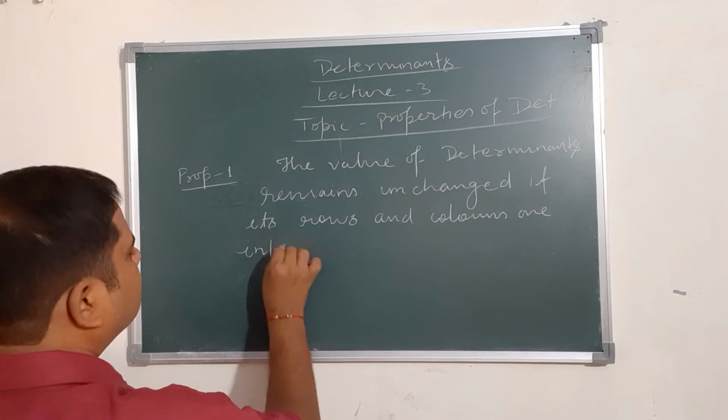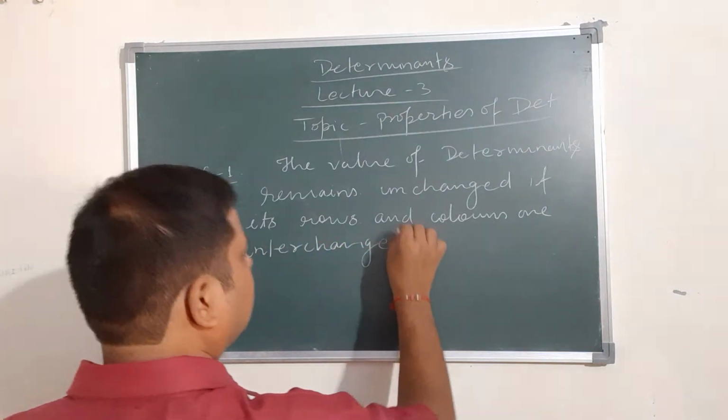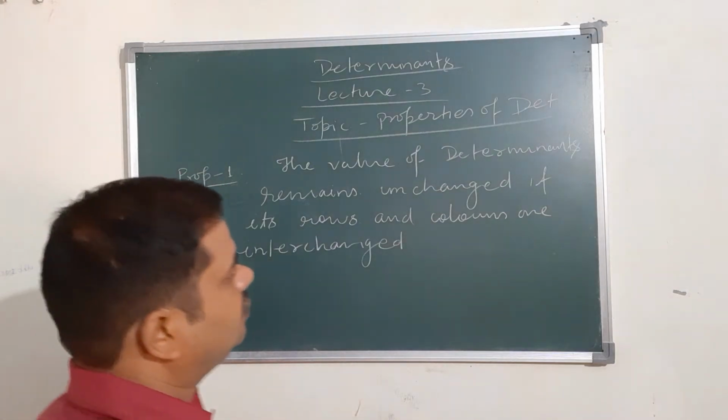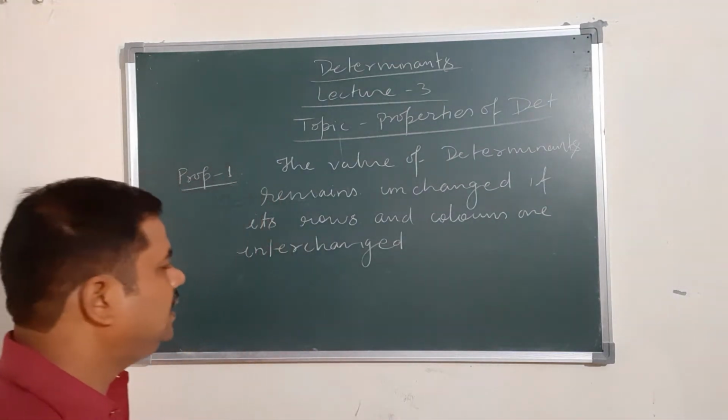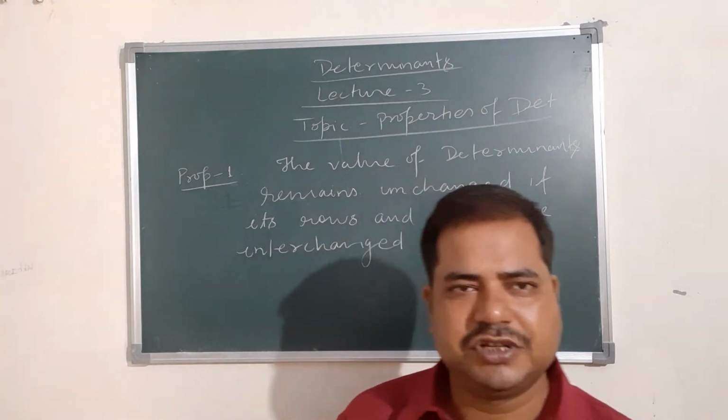So this is a very important property. If we interchange the rows and columns of a determinant, then the value of the determinant remains unchanged.